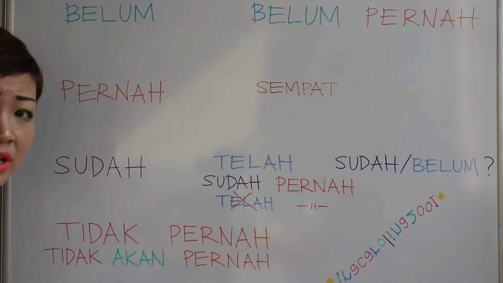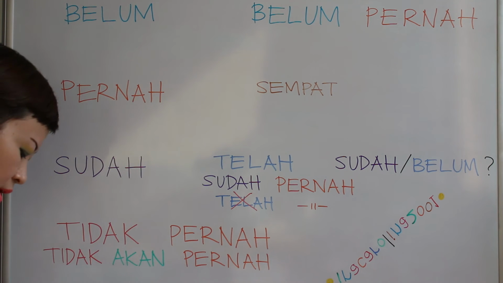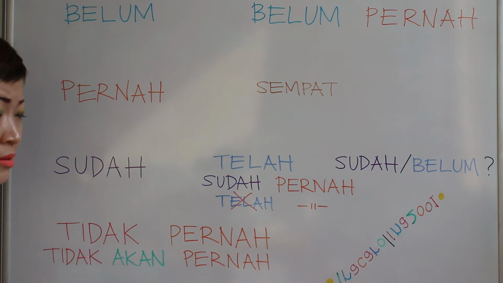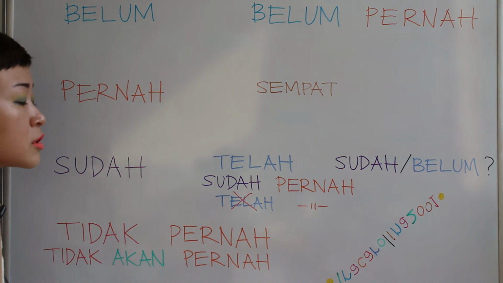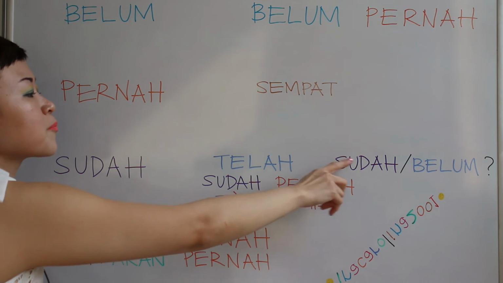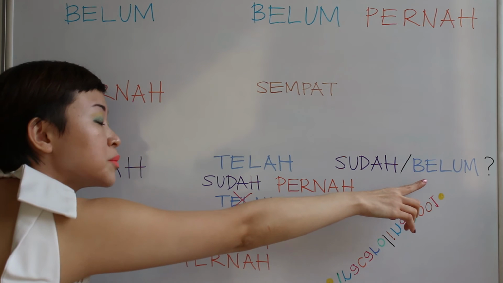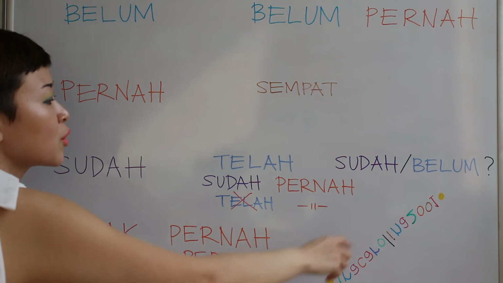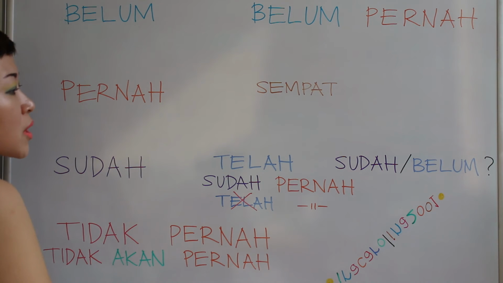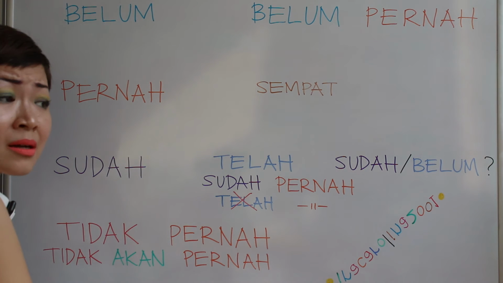If we have kids, let's say a 5 or 6-year-old, who go to the toilet, we ask, are you done with your duty in the toilet or not? We ask with "sudah atau belum", or we skip the "atau", the "or", and say "sudah, belum."